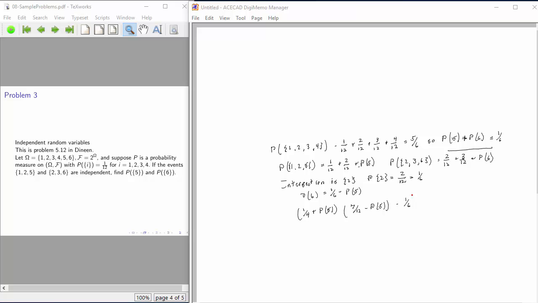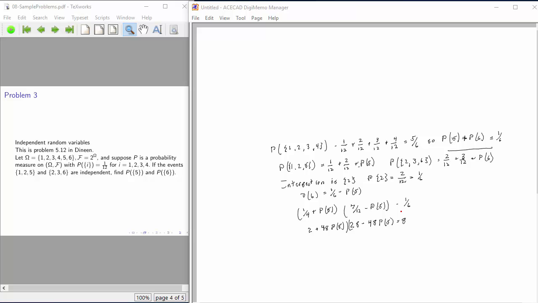When I multiply through by 48, I get 12 plus 48 times p of 5 times 28 minus 48 times p of 5 is equal to 8.